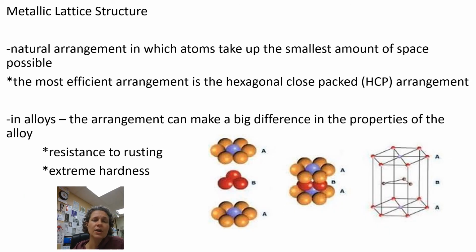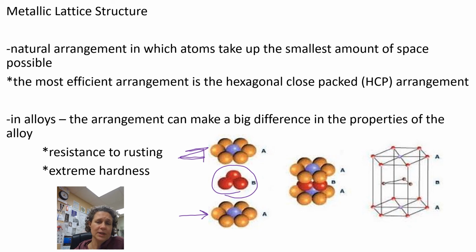Okay, so metals follow another kind of a lattice structure, and naturally they try to fit together to take up the smallest amount of space possible. They're trying to pack in as closely as they can, and this has been determined to be what they call the hexagonal close packed arrangement. So you have a hexagon, and in that picture down here, notice it has 6 sides, and then in between it you typically have something that fills in so they can fit together as closely as possible, like a little 3 atom structure.